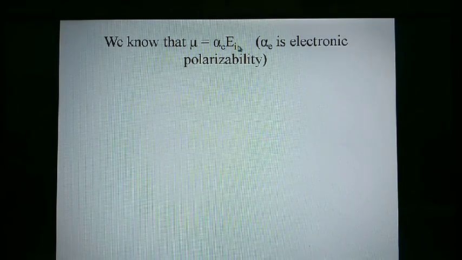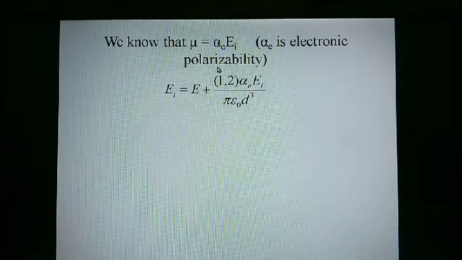Their relation is here. Since polarizability is the dipole moment per unit electric field, here the total electric field is the internal electric field Ei. Therefore we write mu is equal to alpha e into Ei, where alpha e is the electronic polarizability.